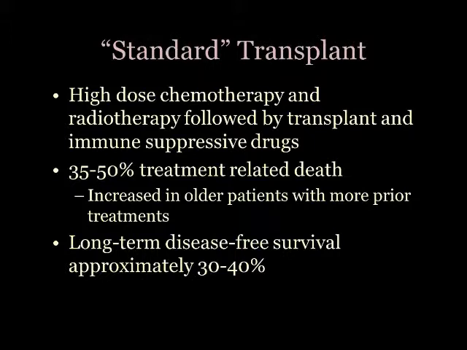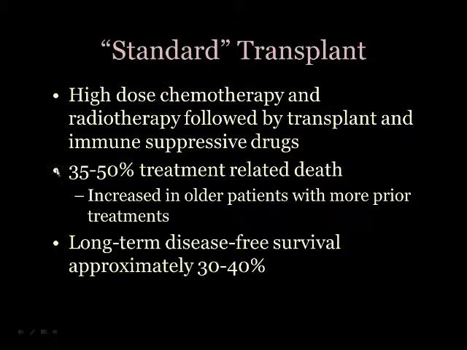So there's two different types of bone marrow or stem cell transplants. One is a standard transplant where we use very high-dose chemotherapy and radiation therapy to wipe out somebody's bone marrow, and then we replace the bone marrow using somebody else's bone marrow.